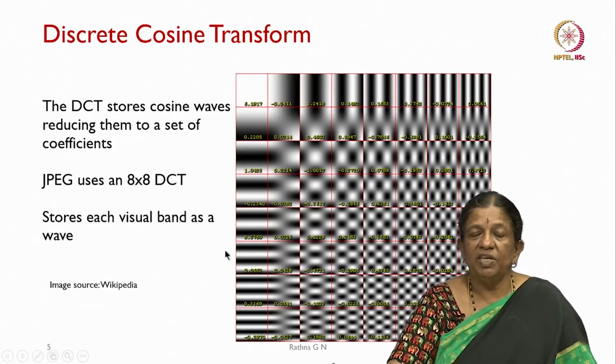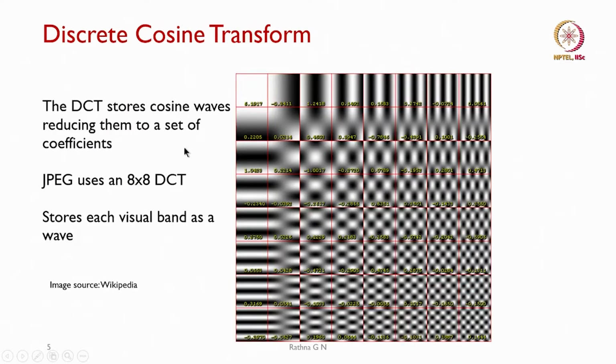So we know this is how we have introduced our DCT, that is the discrete cosine transform. We know that it is going to store the cosine waves, reducing them to a set of coefficients, given the values here, and we know that JPEG uses an 8 by 8 DCT. This is what we will call the 8 by 8 reference image, the basis functions.